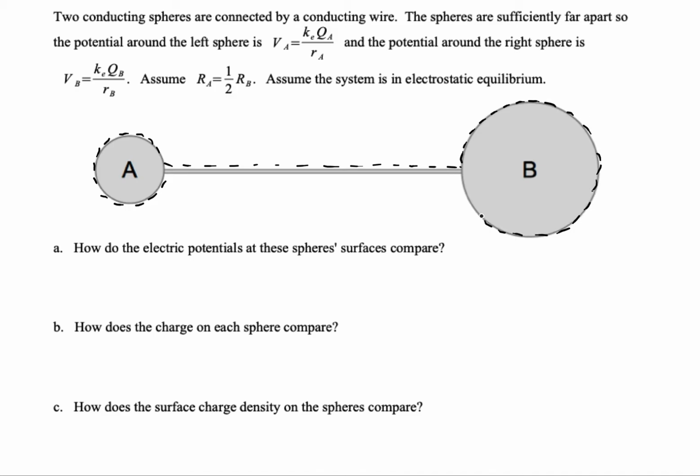And I'll represent this with an equipotential. So whatever potential is on the surface of sphere A will actually match the potential on the surface of sphere B. It'll be the same inside the conducting wire.